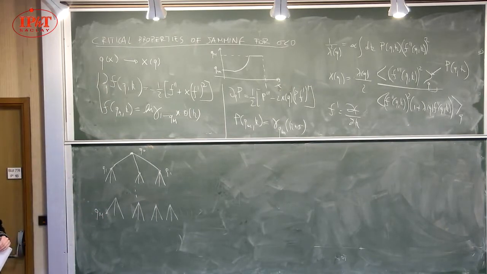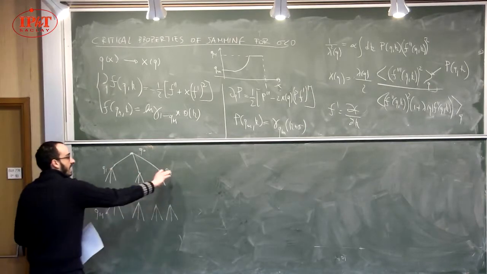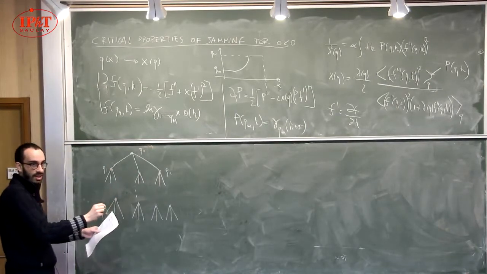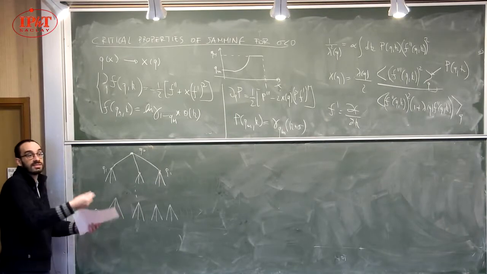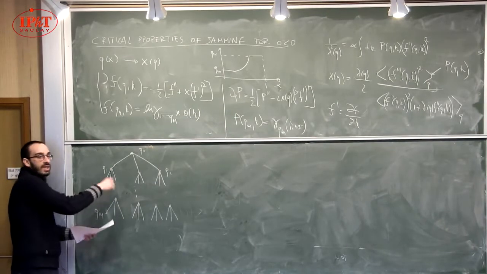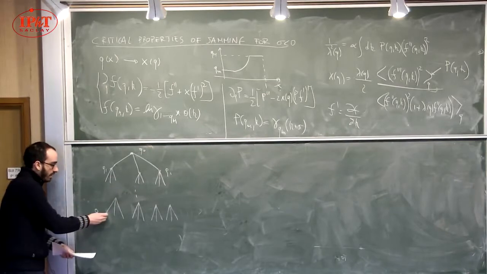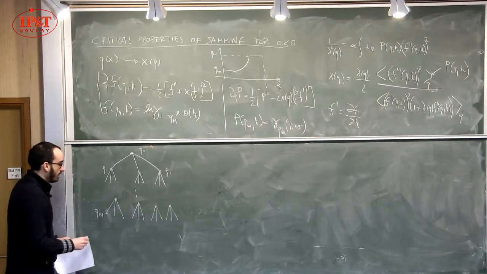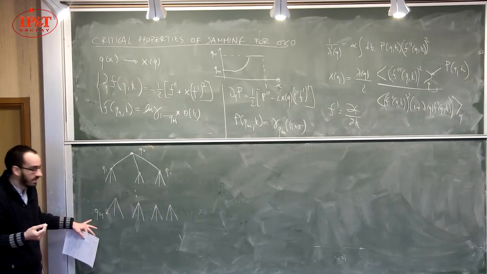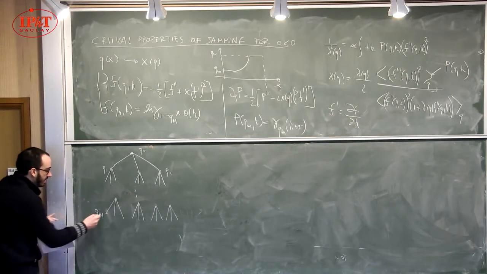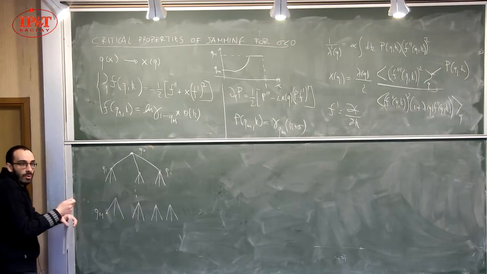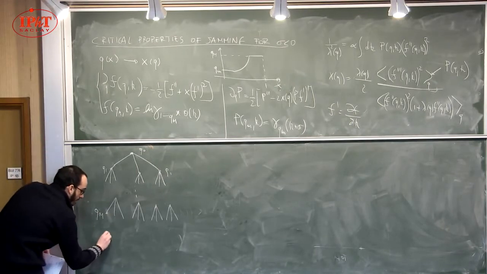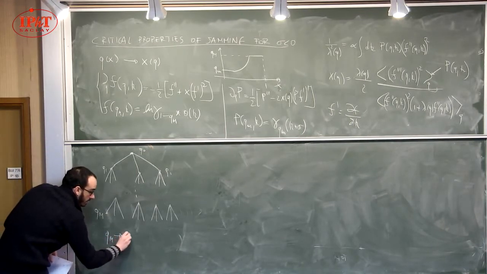Is it clear? Here all these levels are clusters. Only the last level are clusters of solutions. So when you reach the jamming line, these clusters just shrink to a point, and therefore Qm goes to 1.